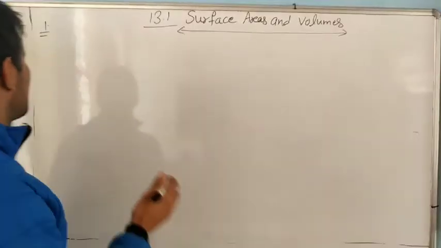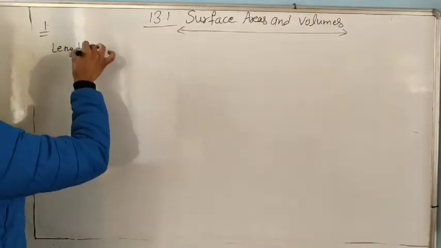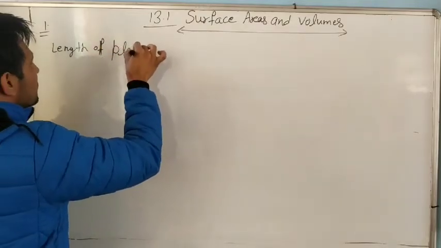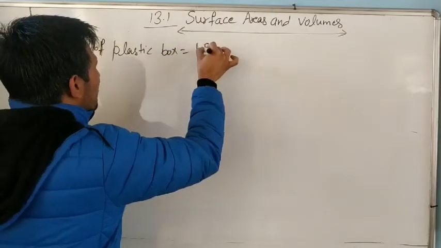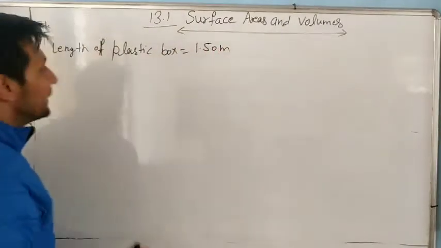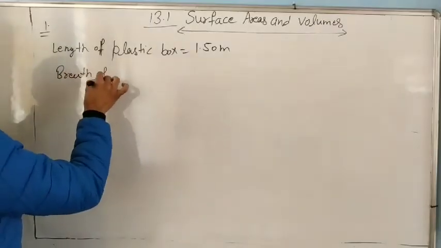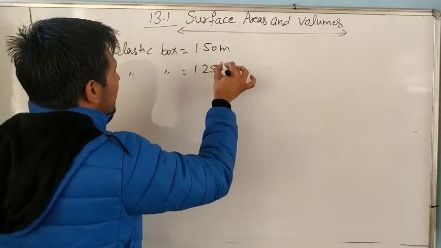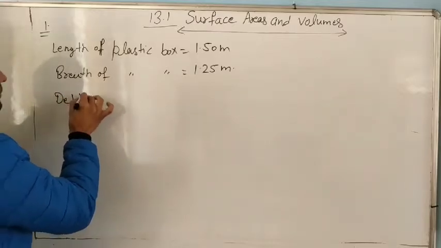Okay, so you can write first: length of plastic box, how much? 1.50 meter, same as it is. Breadth of plastic box 1.25 meter. Now depth or height.